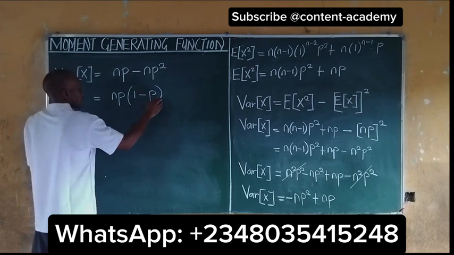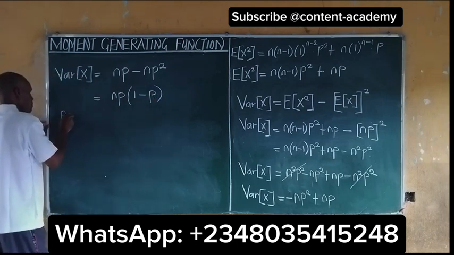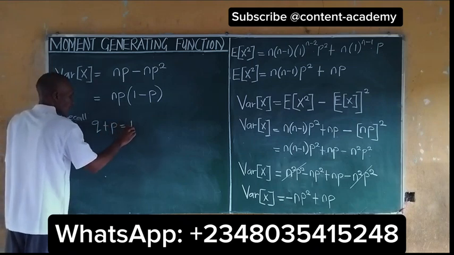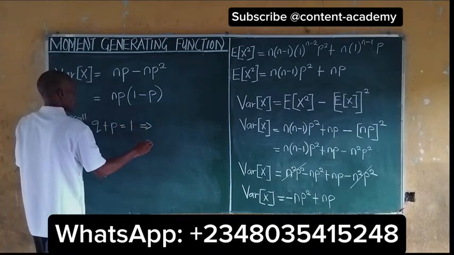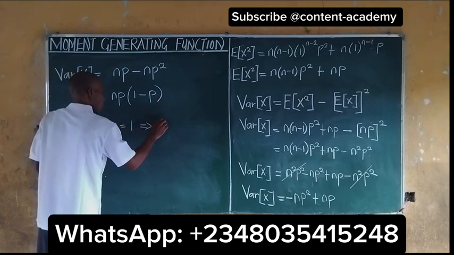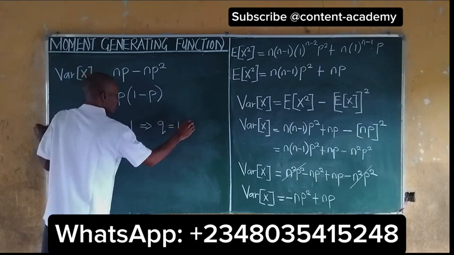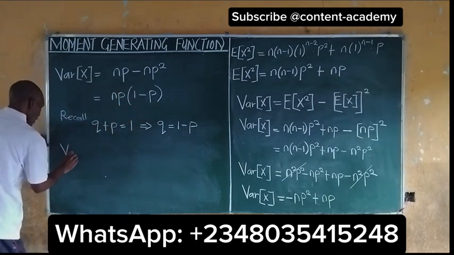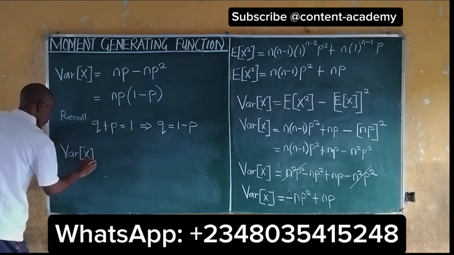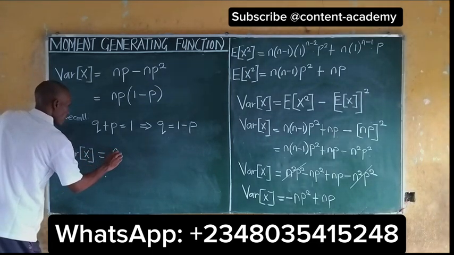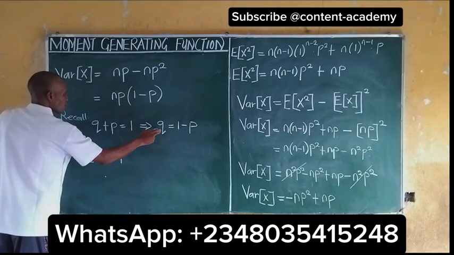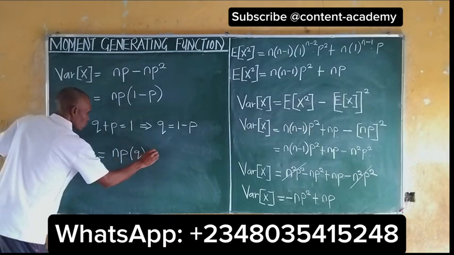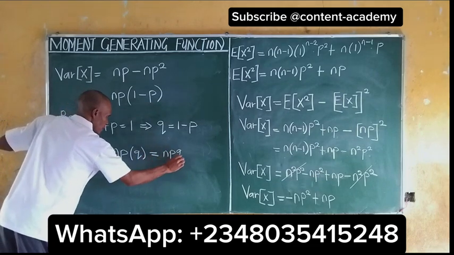So, of course, from probability, we'll recall that q plus p is equal to 1. It then implies that q can be equal to 1 minus p. So wherever we see 1 minus p, we put q. It then means that our variance of x will be equal to np. Anywhere we see 1 minus p, we put q. np q, which is equal to npq.